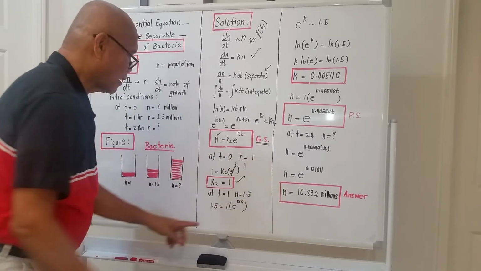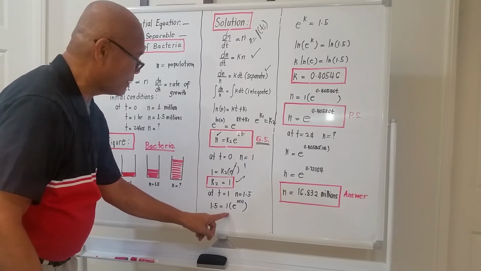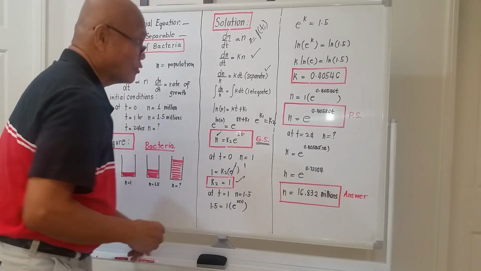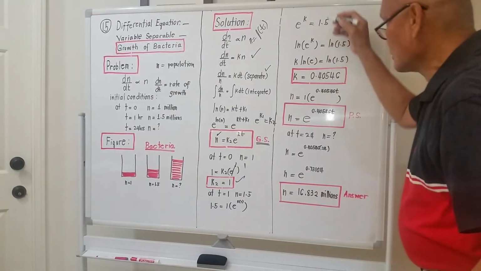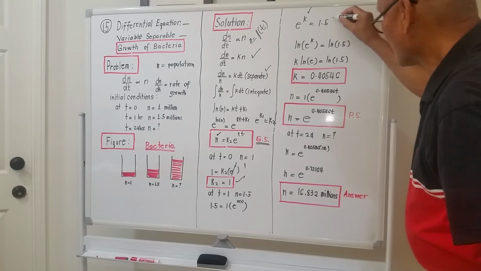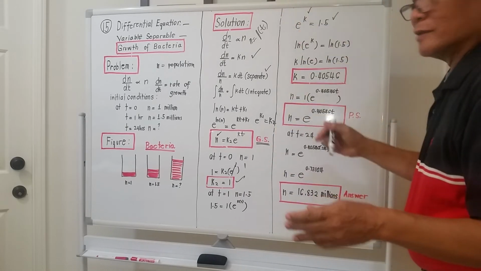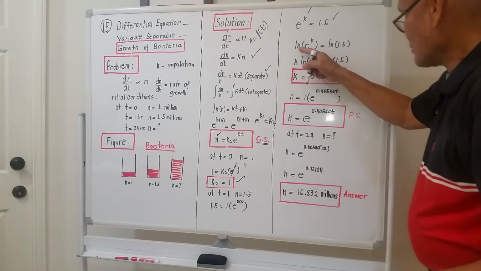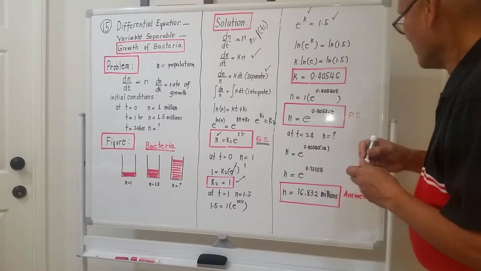Going back here, 1.5 equals the computed value of k2, which is 1, times e raised to k times 1. The unknown is k, so we rearrange: e to the k equals 1.5. The unknown k is in the exponent, so to bring it down, take the natural logarithm of both sides. The natural logarithm of e to the k equals the natural logarithm of 1.5.